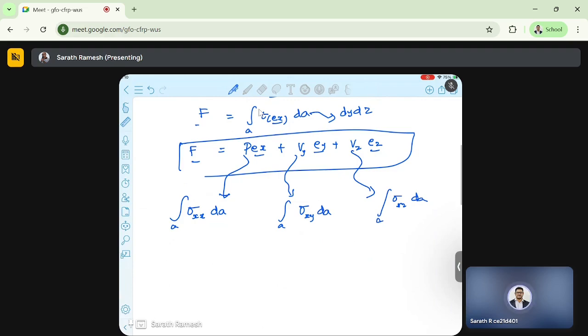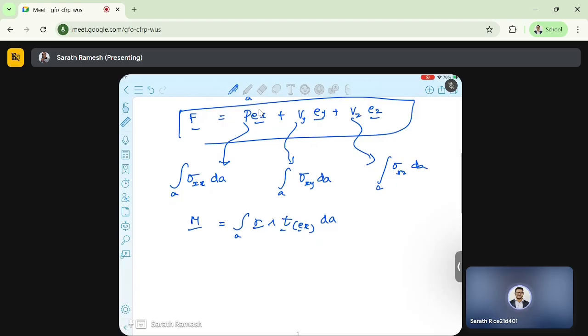Next, the moment along the section. We got three force components, and similarly we will get three moment components. Let's see what they are. This is nothing but r cross F, where F is the traction vector along Ex, times dA. If you simplify further, we get Tx, plus My minus Vz x naught, Ey.